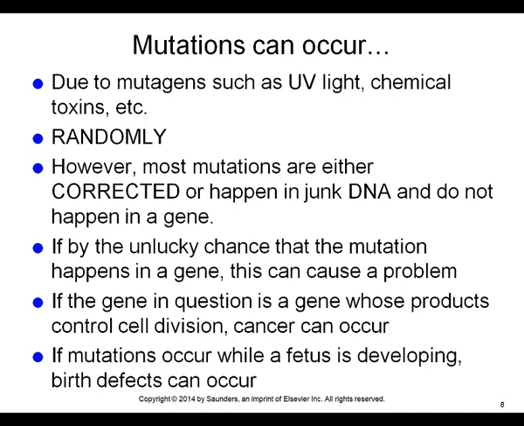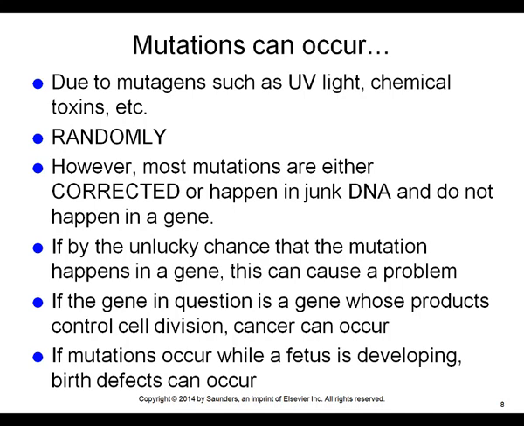But if a mutation occurs in the DNA that does not code for a protein, then it doesn't matter, right? So a lot of mutations occur in places on the DNA where it doesn't matter. As long as it doesn't alter a gene, it's no big deal. If by unlucky chance the mutation happens in a gene, this can cause a problem.